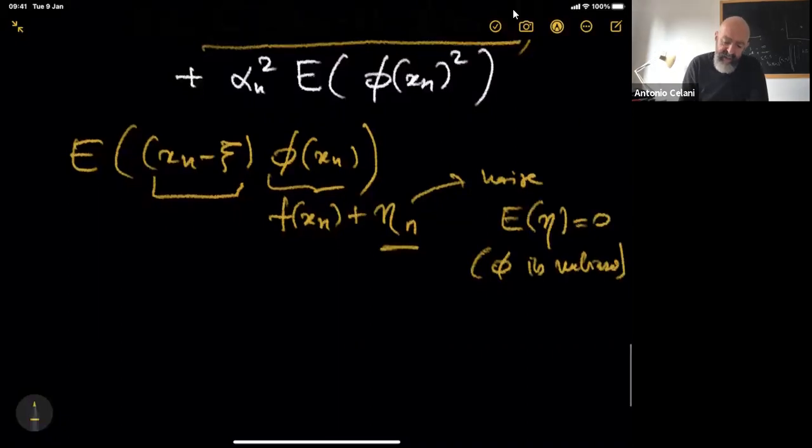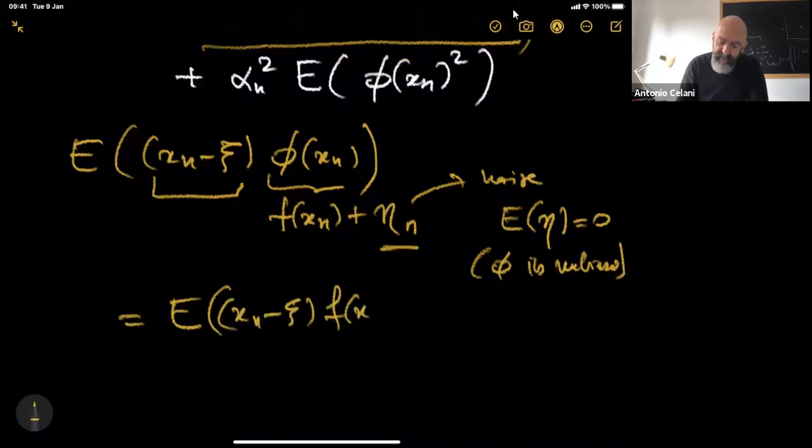So this object I can replace by the expectation of xn minus psi times f of xn. So I averaged out the last noise. There still is an expectation because xn depends on all the previous noises that affected my algorithm, so there's still some average to be done. But I just averaged out the last noise that I've seen.